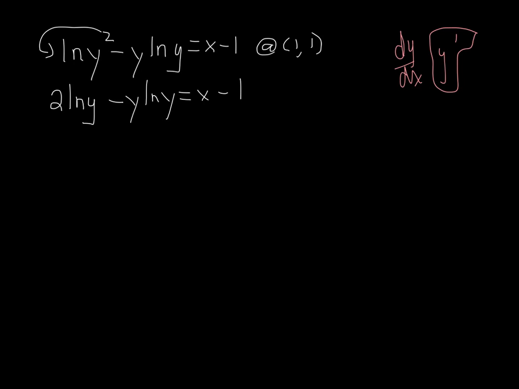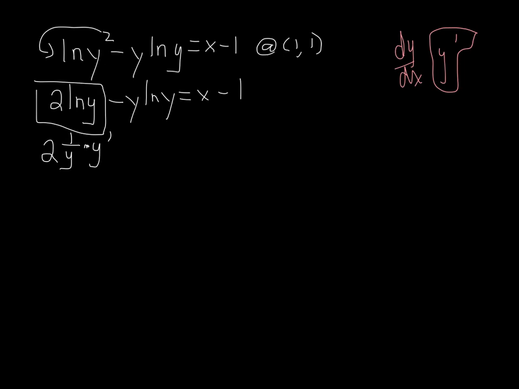Here I've got 2 ln y. The derivative of ln y is 1 over y, so that would be 2 times 1 over y. I also have to multiply by y prime, because it's not an x, it's a y, and it's not defined according to x. So we'll go back and work with that in a minute.